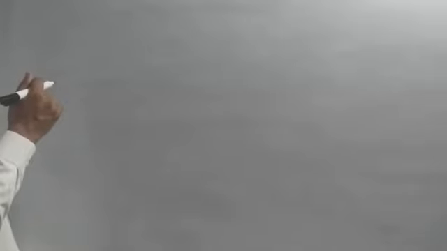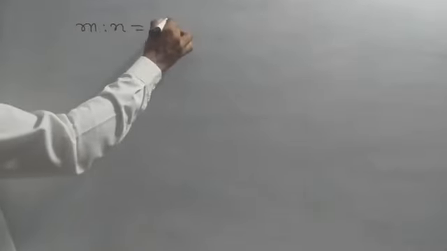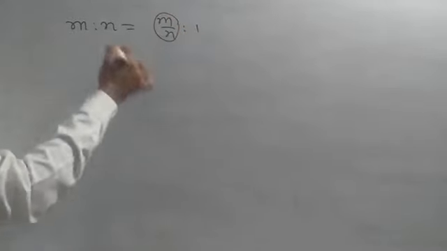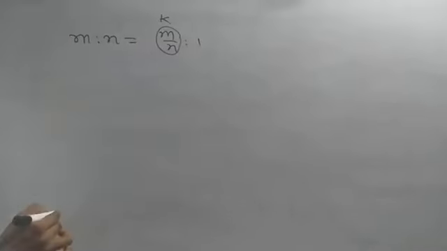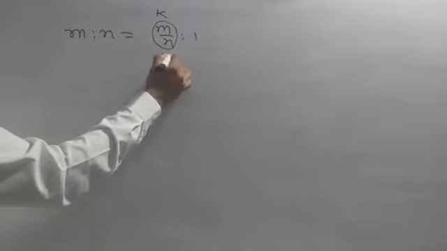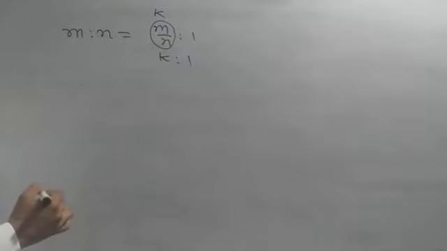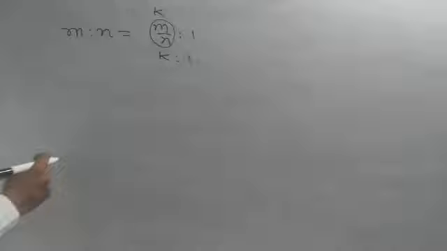Now, sometimes the ratio may not be given. We need to find out the ratio. In such cases, instead of using the m is to n ratio, we can alter the ratio. For example, m is to n can be written as m by n is to 1. So in place of m by n, if I consider k, then instead of m is to n you can use k is to 1.